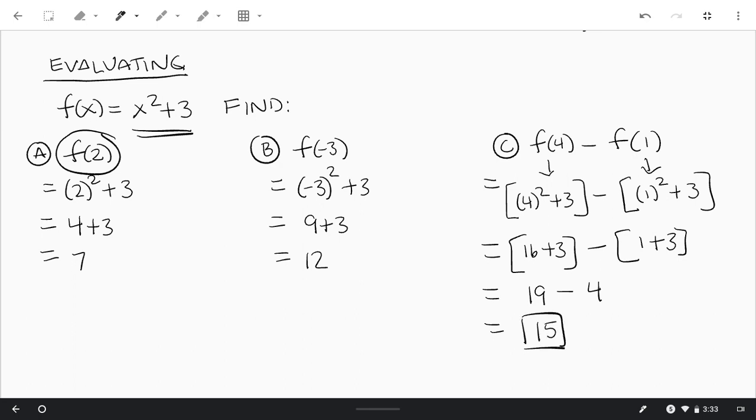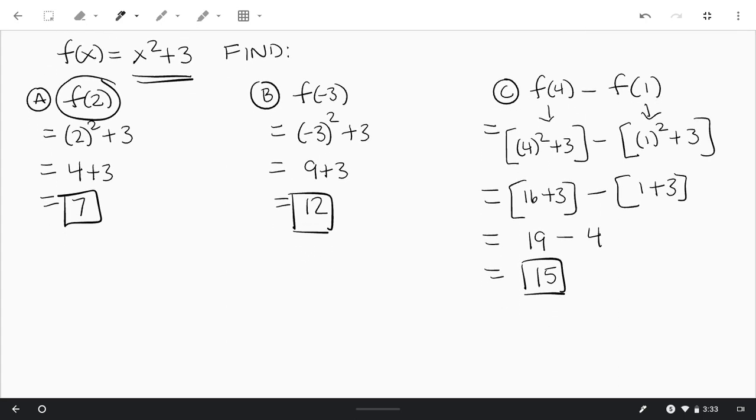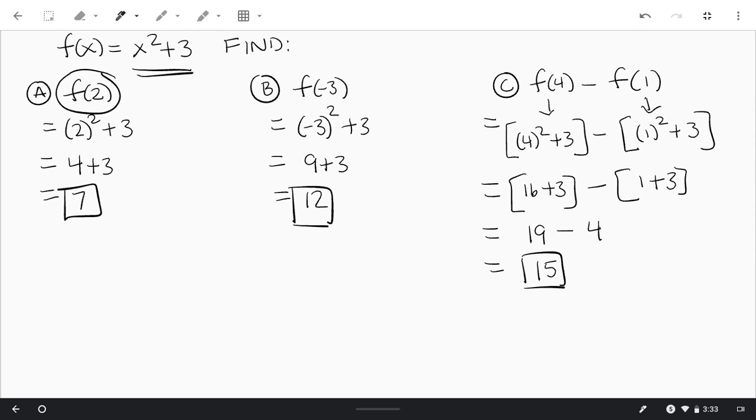Okay? So evaluating is just taking whatever it is inside the parentheses there and replacing all the x values with it. Okay? All right. Now let's take a look at a little more complex one. But so long as you stay organized, it shouldn't be too bad. Okay, now suppose that I want to find this, f of a plus h.